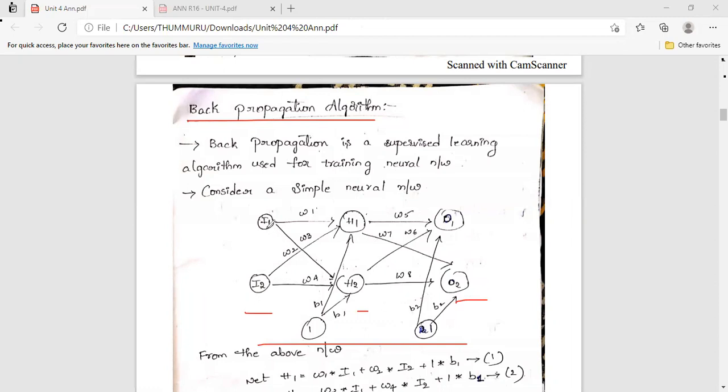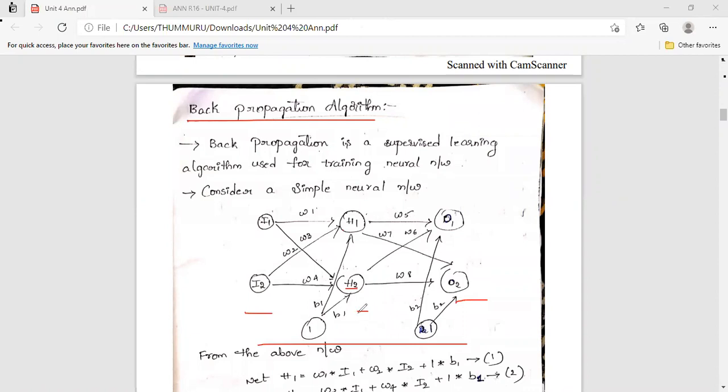The input nodes are represented by using I1 and I2 with their corresponding weights W1, W2, W3, W4 like that. And the hidden nodes are represented with H1 and H2. These hidden nodes also have their corresponding weights W5, W6, W7, W8, and so on.